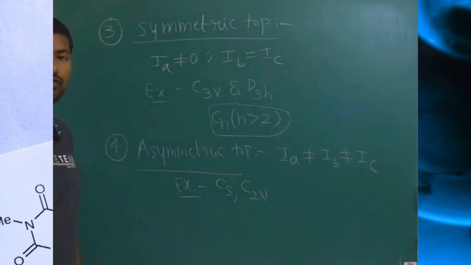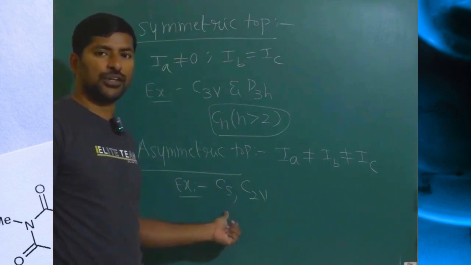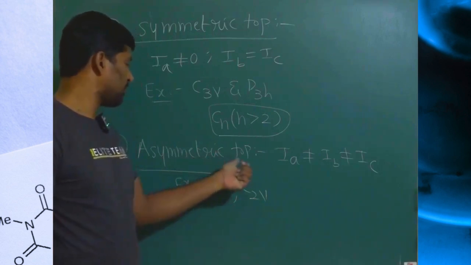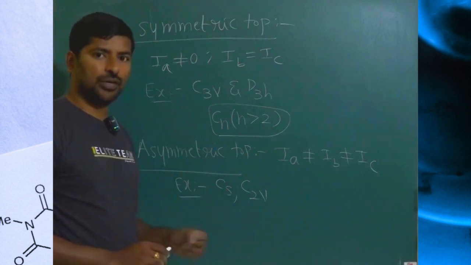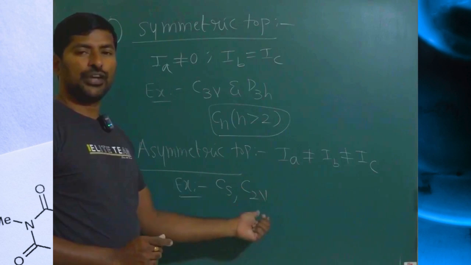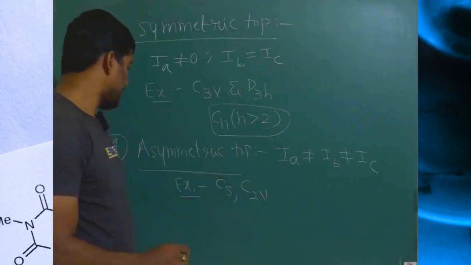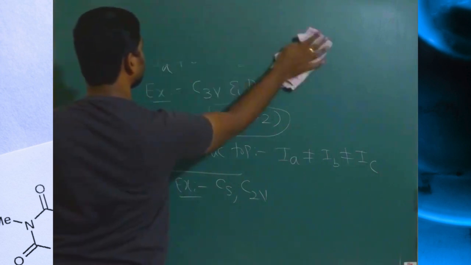For example, H2O comes under the C2V point group, as does SO2. Vinyl chloride comes under the CS point group. Naphthalene also comes under asymmetric top molecules.